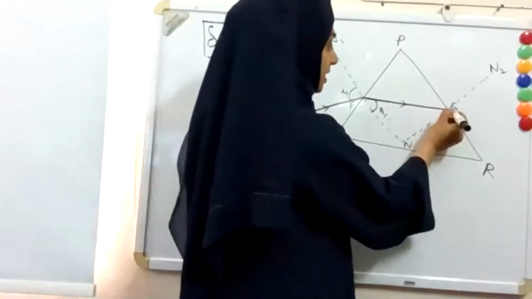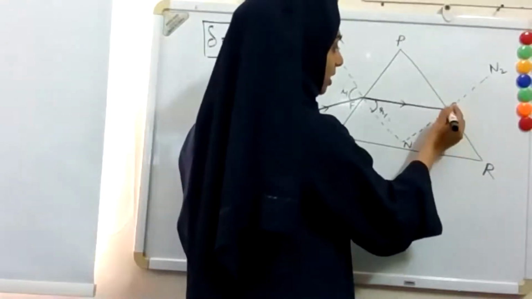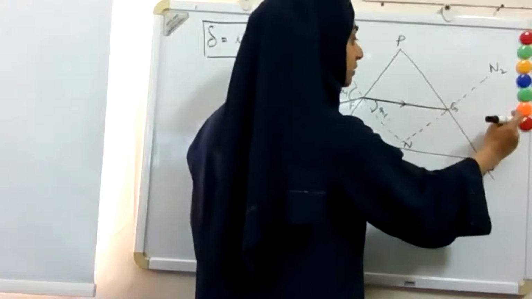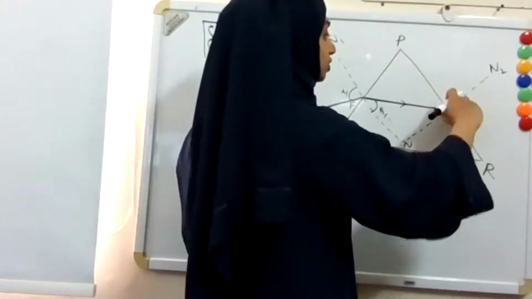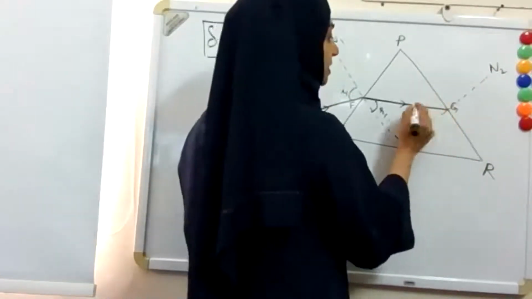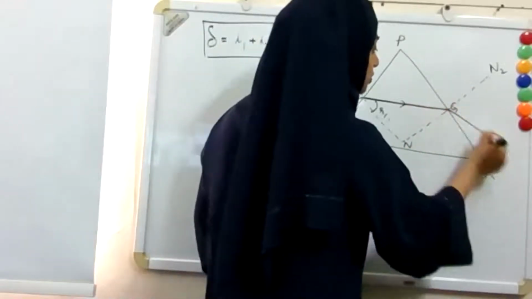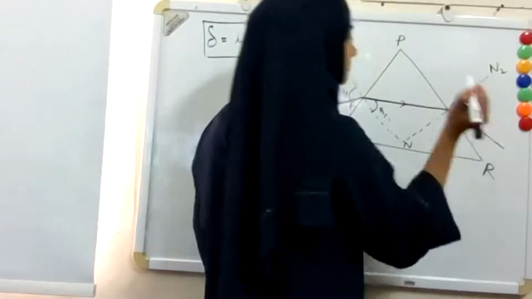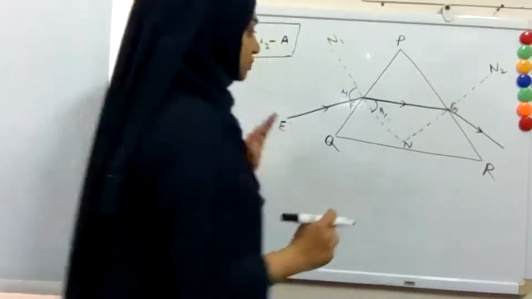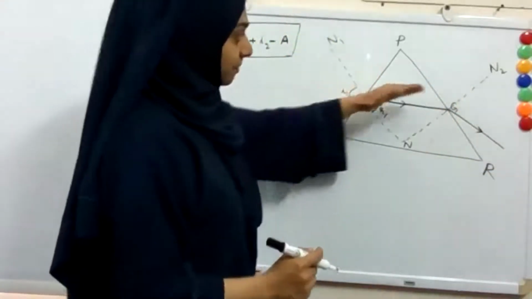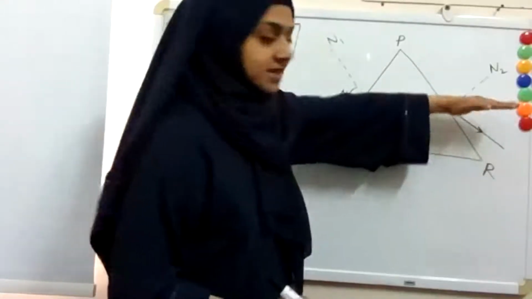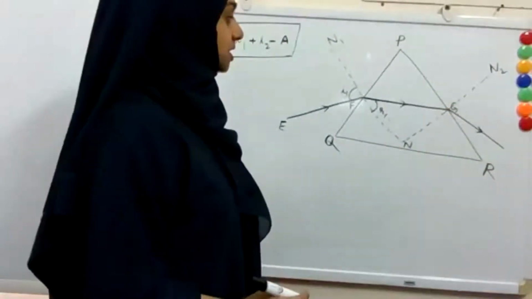Now here at point G, what happens? It is going to a rarer medium, so it should bend away from the normal. So it gets deviated down. That is why the light ray bends towards the base when it comes out.